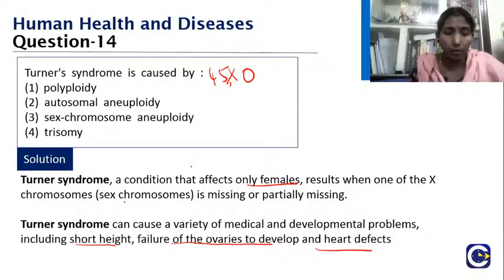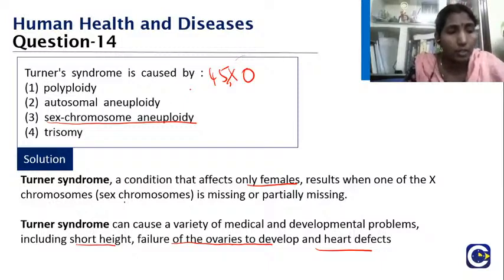And the individuals who have an abnormal number of sex chromosomes, like Klinefelter's or whatever, will all be grouped under sex chromosome aneuploidy. So that is where it is important. It's not with autosome, it is with the sex chromosome, because one of the X chromosomes is missing or partially missing. That is why we say this as sex chromosomal aneuploidy.